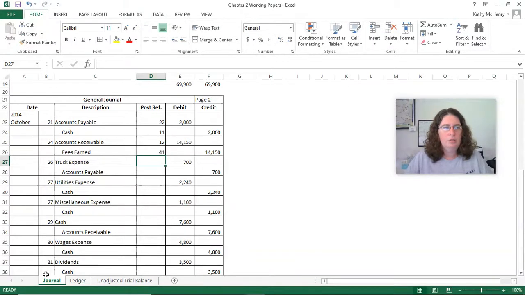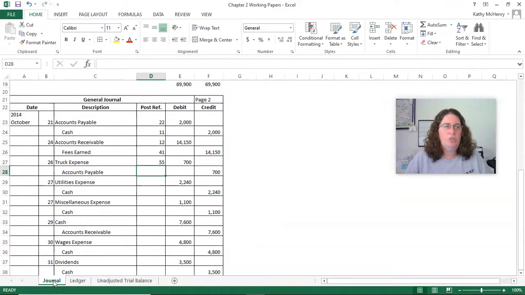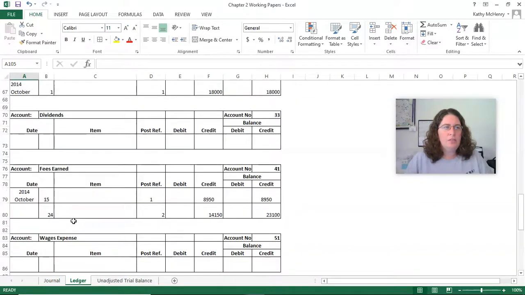Oops. A debit to truck expense for 700 on the 26th. And that's number 55 back to our journal. A credit to accounts payable on the 26th.